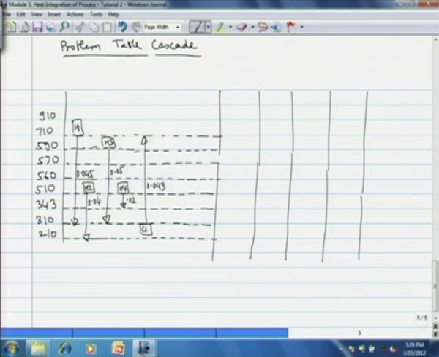C2 goes from 210 to 560 with heat capacity flow rate of 0.02, and C3 goes from 310 to 570 with Cp of 0.0667.